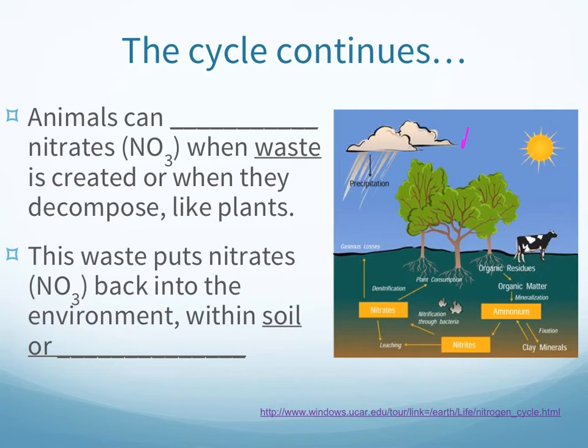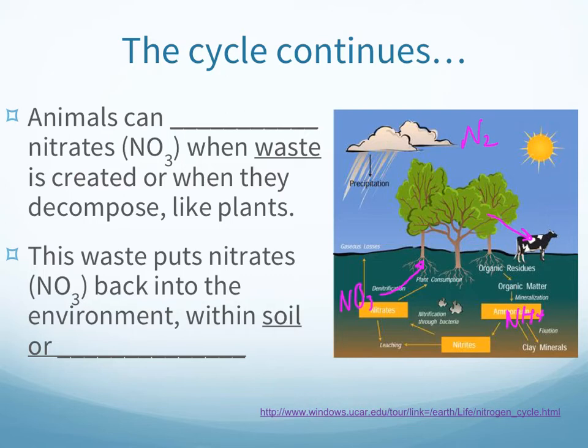So far we've seen that nitrogen is found mostly in the atmosphere as a nitrogen gas, but it can also be converted into other forms like nitrates and ammonias within the soil from bacteria, converting it from one form to another. Nitrates are the form that plants like to absorb into them, and then the nitrates can be passed on through the food chain. But what we want to think about too is how does it get to the hydrosphere?